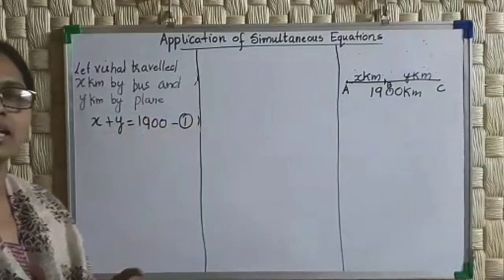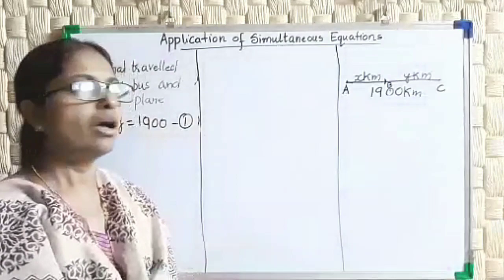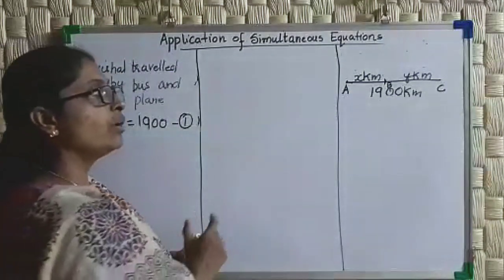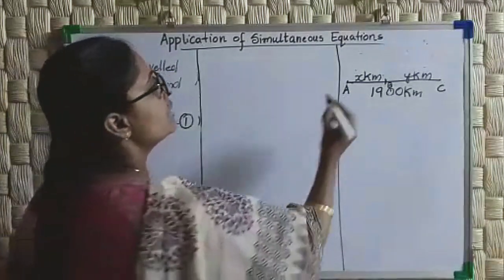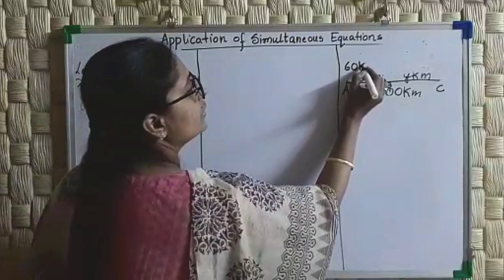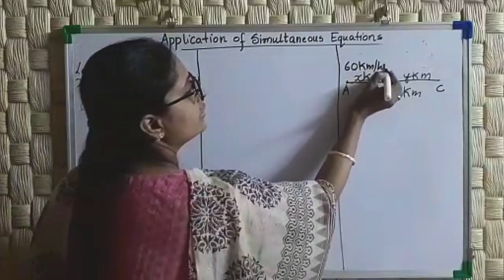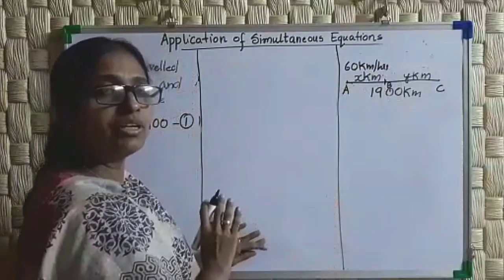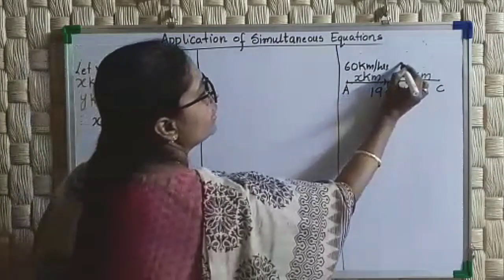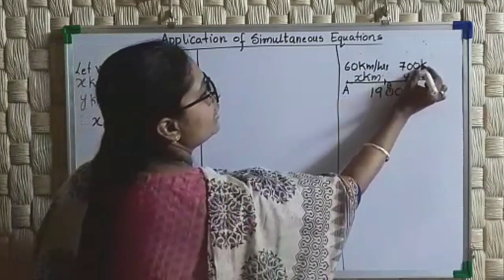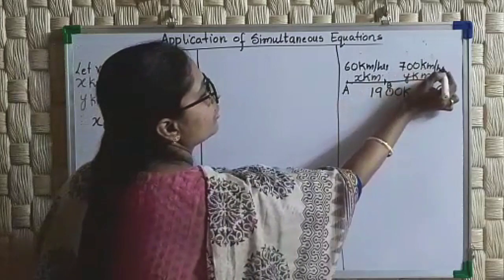Now let's see the second part of this question. The bus travels with an average speed of 60 km per hour, whereas the average speed of the plane is 700 km per hour.